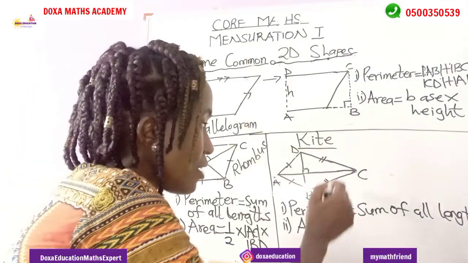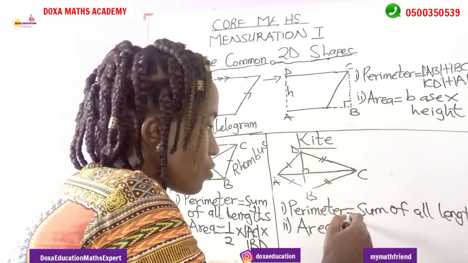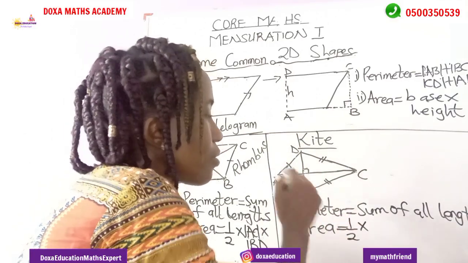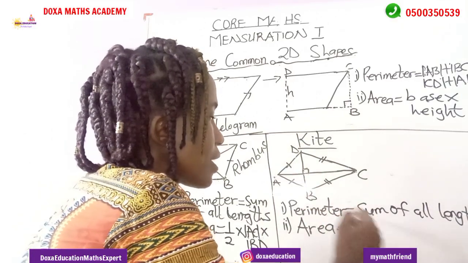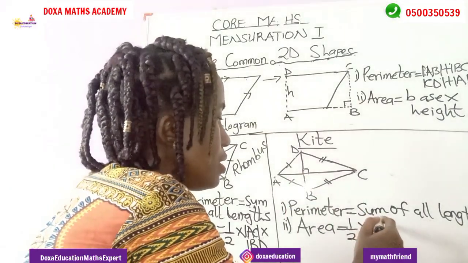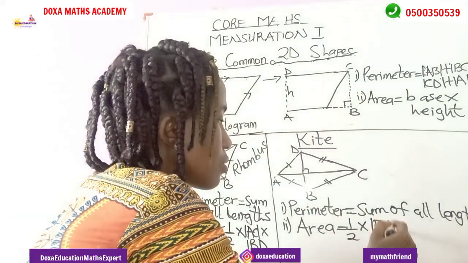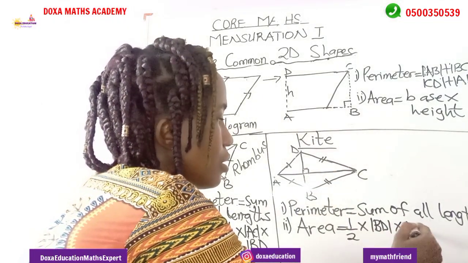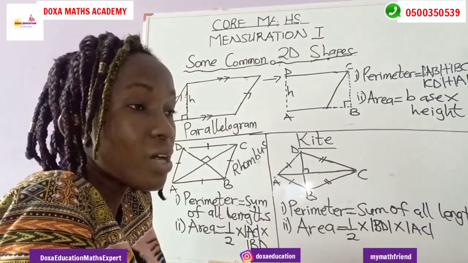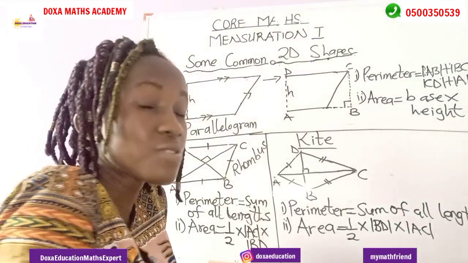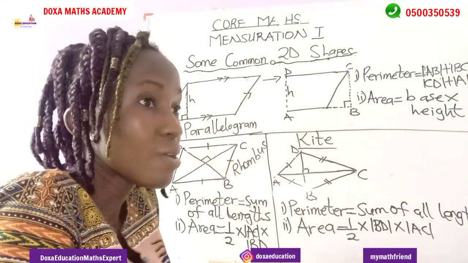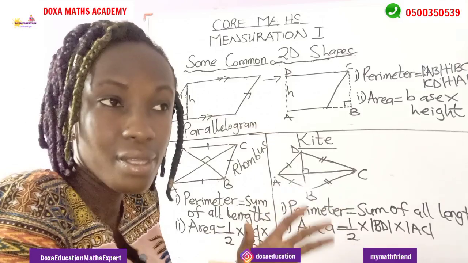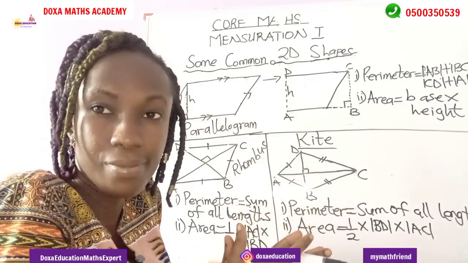So the area is going to be half times the product of the diagonals. So half times diagonal BD times diagonal AC. And it has only one line of symmetry. A line of symmetry is a line that cuts the shape so that both sides are the same.